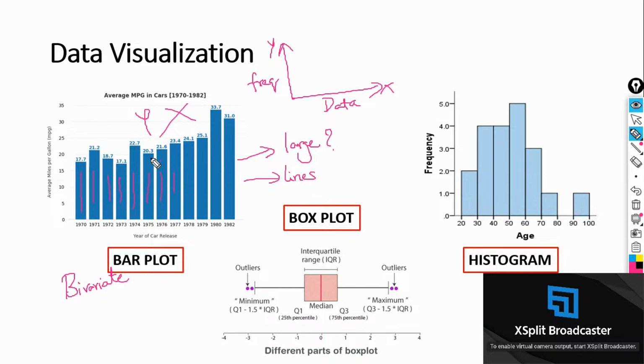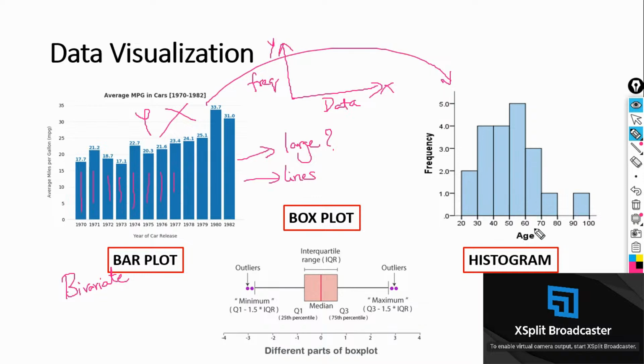Then comes the histogram into the picture. Same plot, but instead of having the values, it tries to convert the values into bins. We actually group the values in histogram. So we'll take a column.